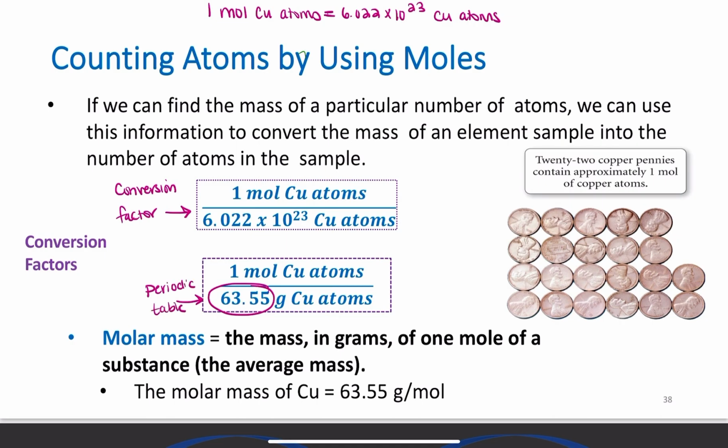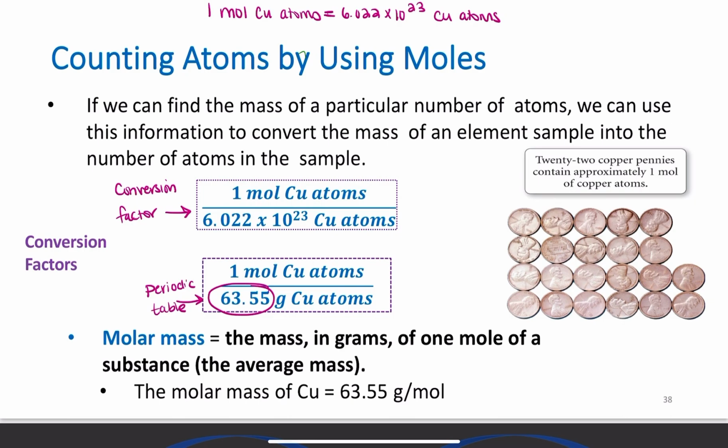We've already talked about how to develop that number with the isotopes of copper and the ratios of copper. So I know that 63.55 is on my periodic table. I get that by looking at the isotopes of copper and how abundant they are, and I use their fractional abundance to figure out the overall number. But that means that 1 mole of copper atoms weighs 63.55 grams.